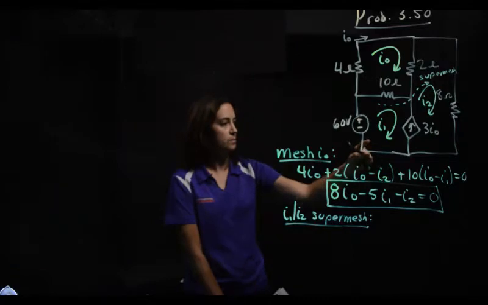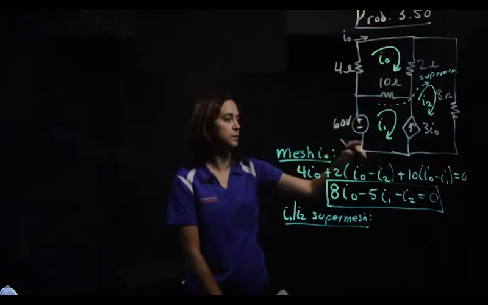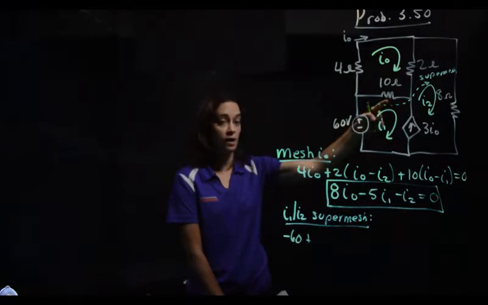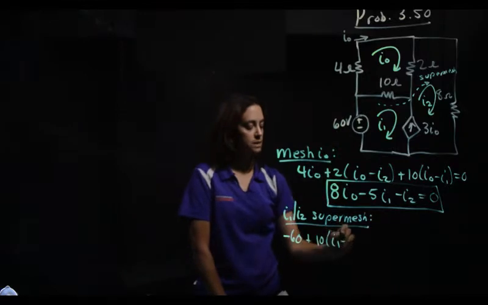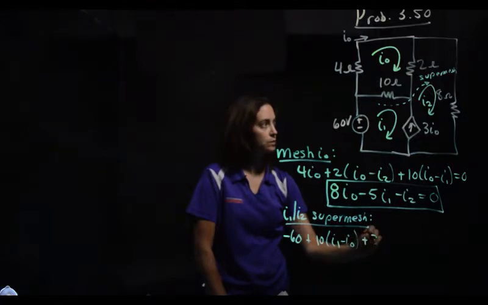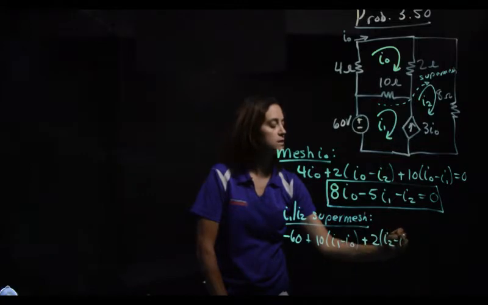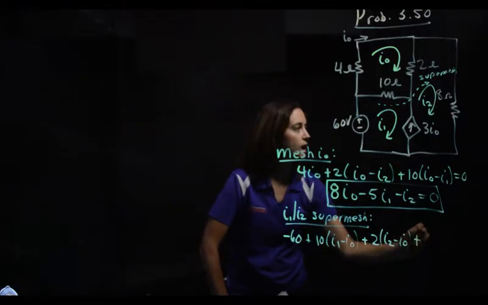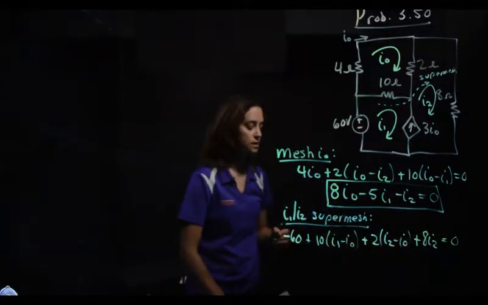So let's write an equation for that. I'm going to go around that big loop. So I have minus 60 plus, I'm in I1 still, so 10 times I1 minus I0. Keep going, we have 2 times, this is in the I2 section, so I2 minus I0, keep going around, plus 8 I2, and back at the beginning, equals 0.